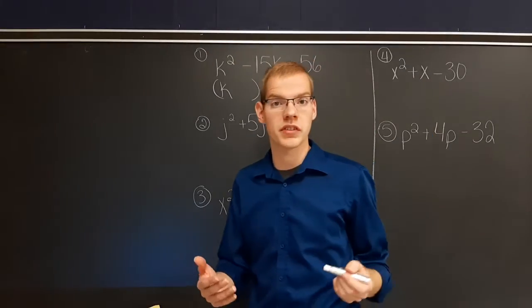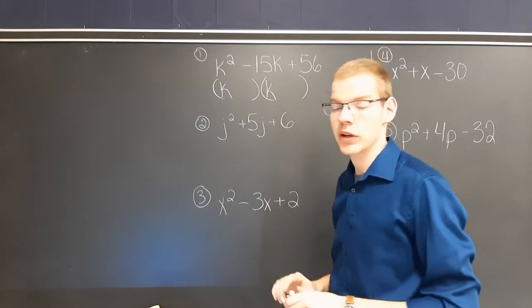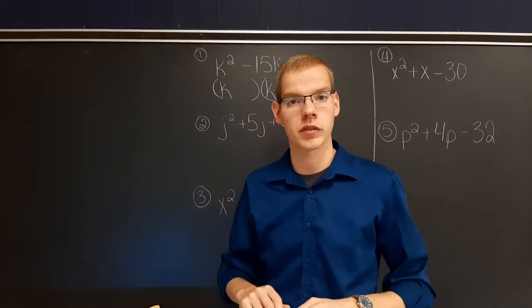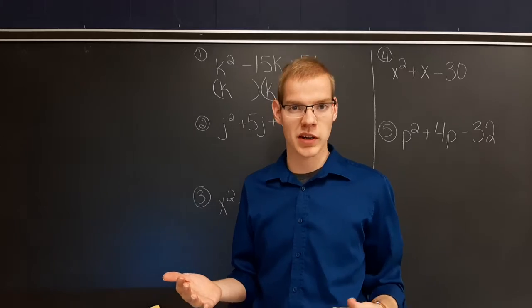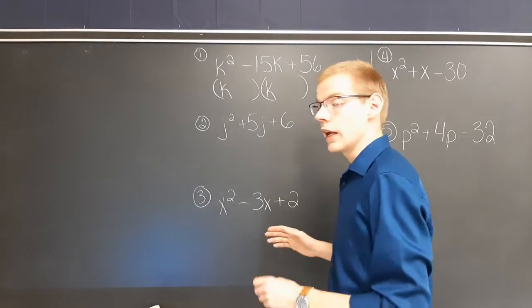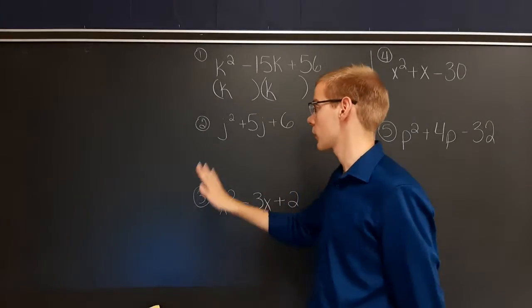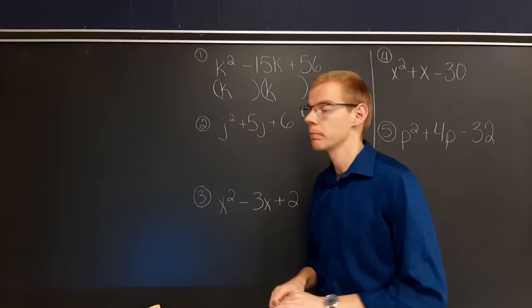So far what we've done is just find the square root of that, and then put it in there, one a positive, one a negative, and then you're done. But that only works for perfect squares. 56 is not a perfect square. In this case, we will have perfect squares for the first term.